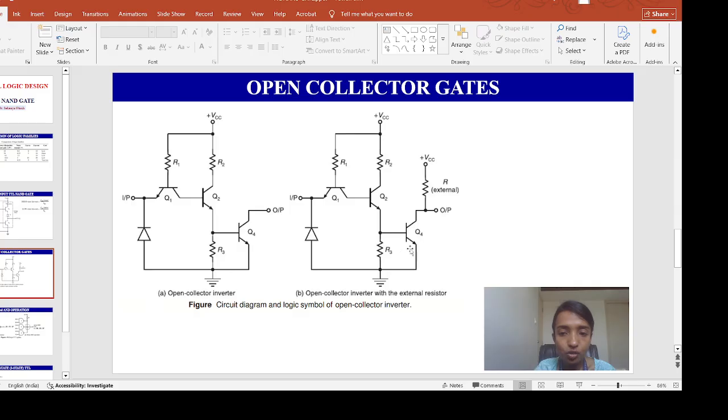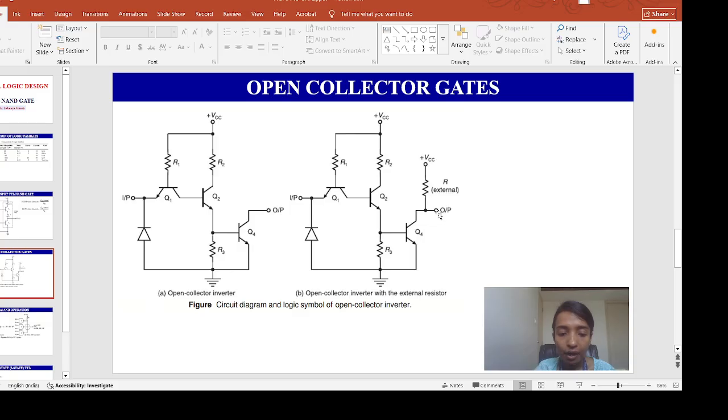Now, when this transistor Q4 is off, the output is pulled up to VCC through this resistor R. And when Q4 is on, the output is connected near ground through the saturated transistor.